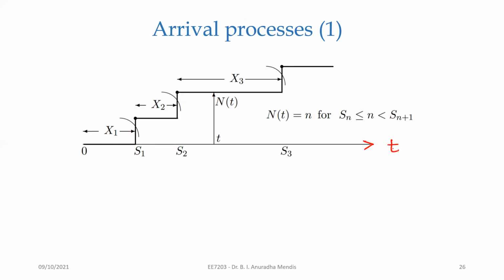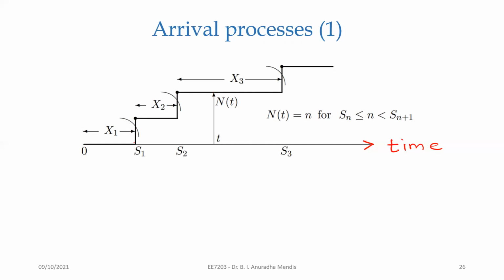When the time starts from 0 until S1, there is no event. When the time is equal to S1, capital S sub 1, there is an event. We call that event an arrival.